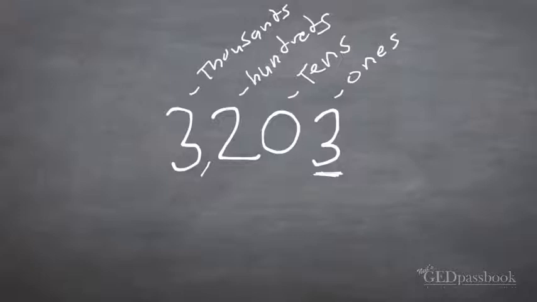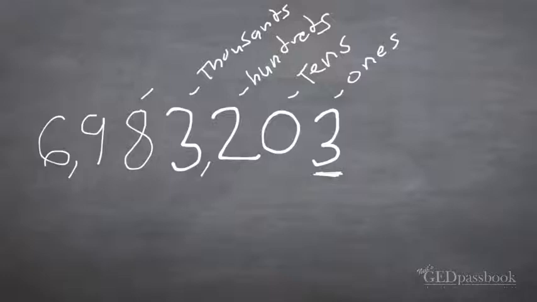Let's add something else, such as an 8 here, and then a 9, and then a 6. Why not? So if we look at this 8 right there, do we remember what that one's called? 10,000s. Yes.